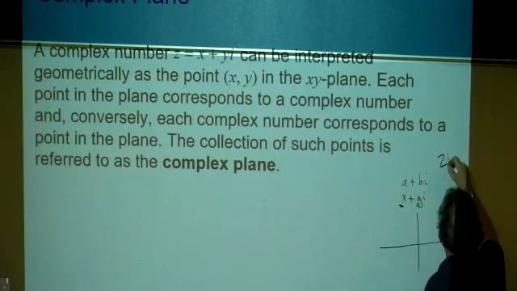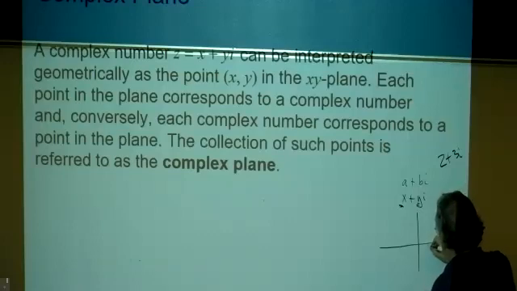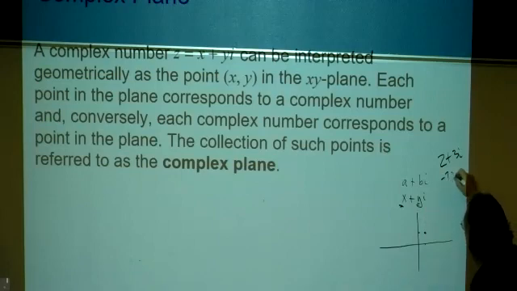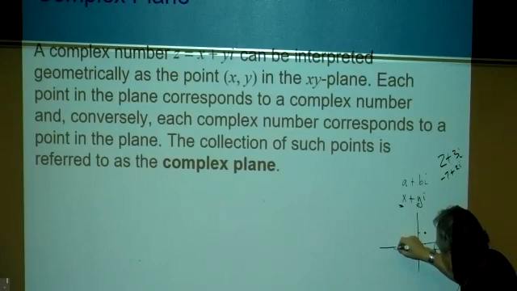So 2 plus 3i looks like the point (2, 3), whereas -7 plus 2i, I go -7 this way, and then I go 2i up. That would be this point.